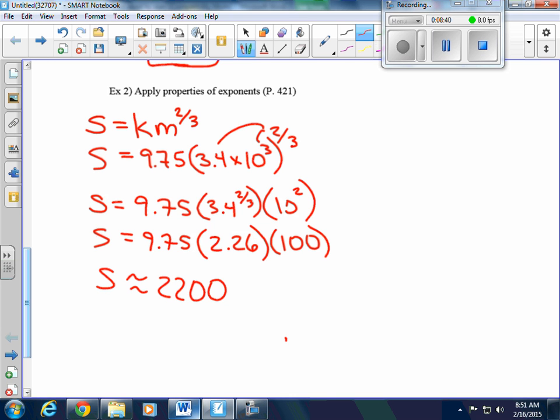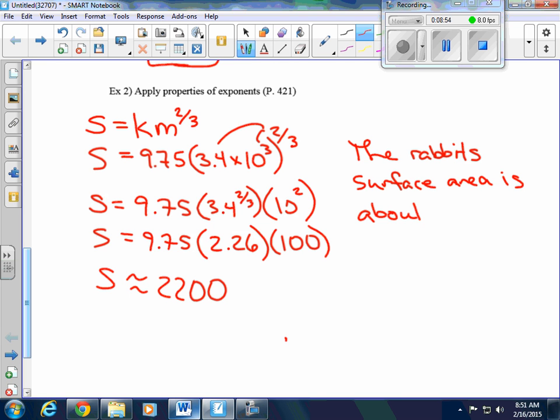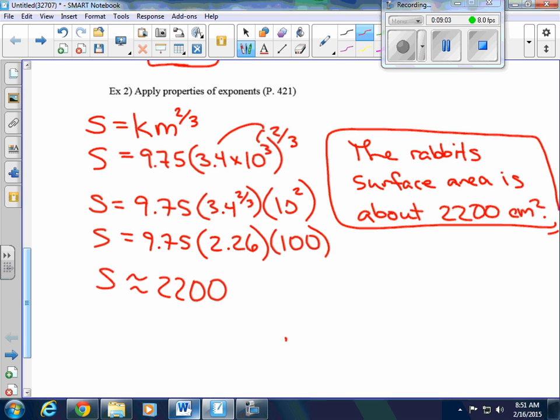So the rabbit's surface area is about 2,200 centimeters squared. So there's the problem using rational exponents in your real life situation.